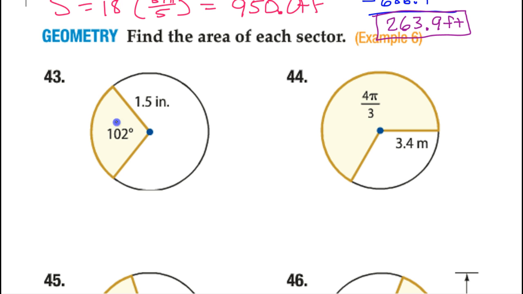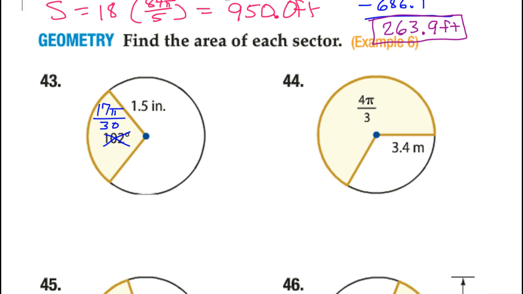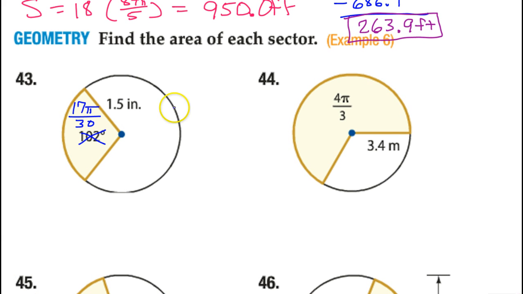Please make a note of it. So 17 pi over 30. Now we can do the problem, using these radians. The area is going to equal 1/2 r squared theta.